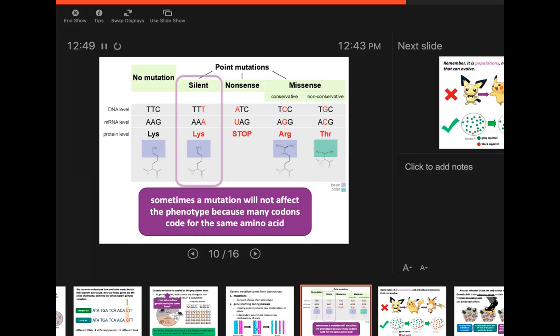Remember that there were several sequences, several codons that can code for the same amino acid. So that in turn is why it sometimes does not always affect the phenotype.